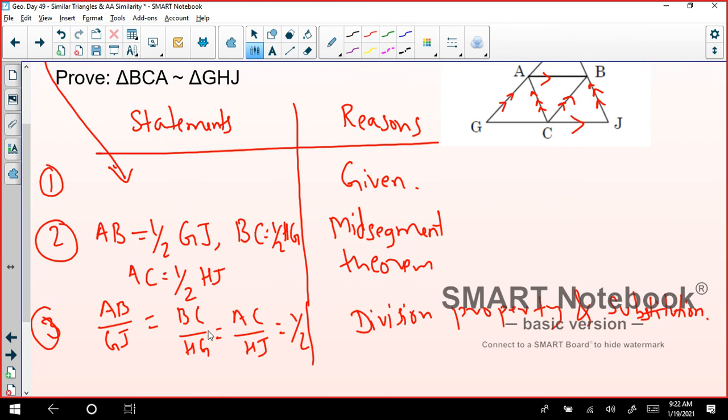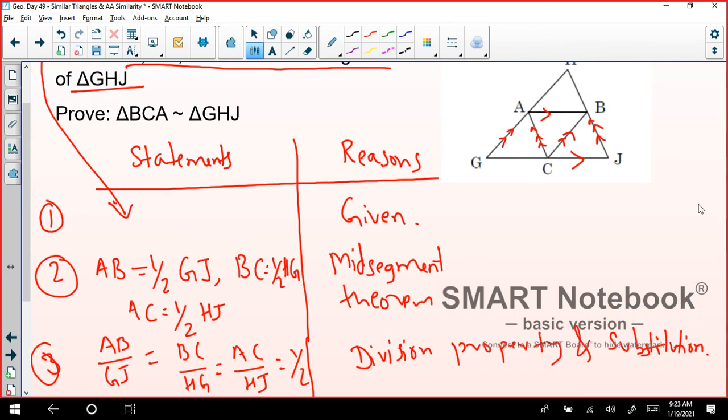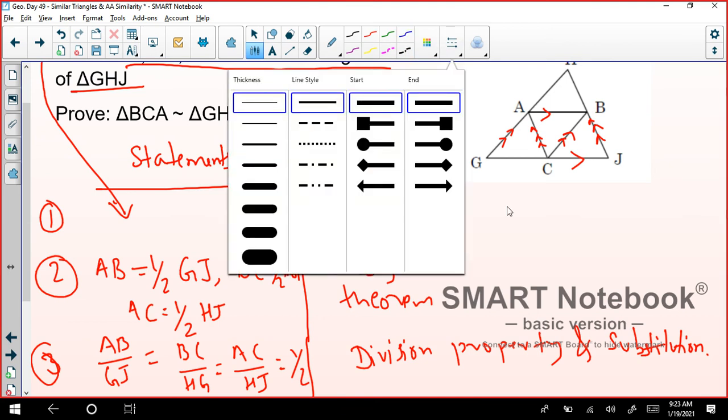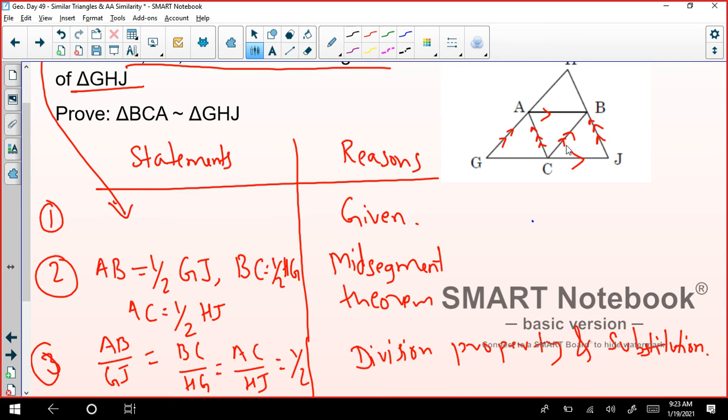And we have sides of the triangle which are proportional. Whenever we have sides of the triangle proportional and all the angles congruent, we can say it's similar. If you want, you can also check that the angles are congruent. Let's see. If these two lines are parallel, then I'll have this particular angle congruent to this particular angle, and this one congruent to this one.